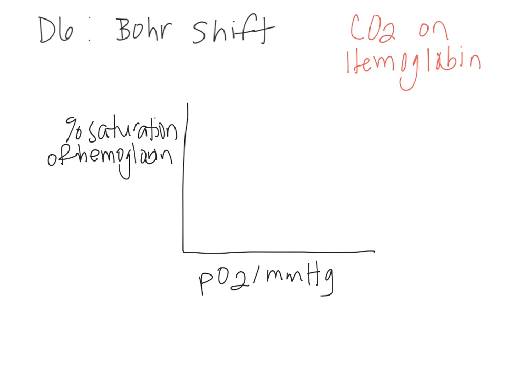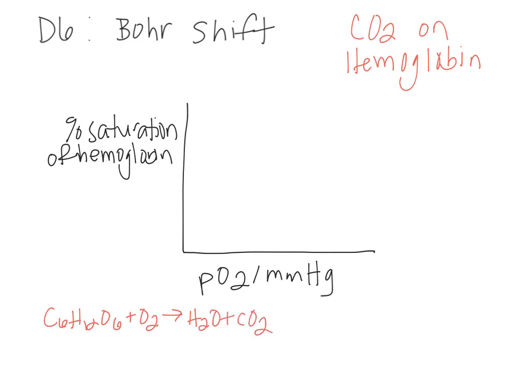Now, if we think about why hemoglobin would be giving up or picking up oxygen molecules, there is a relationship there with carbon dioxide, and that has to do with, of course, cellular respiration. So you don't have to write this part, but just to give us an idea of where we're at in our thinking. Carbon dioxide is a product of glucose metabolism. So C6H12O6 plus oxygen yields water and carbon dioxide.